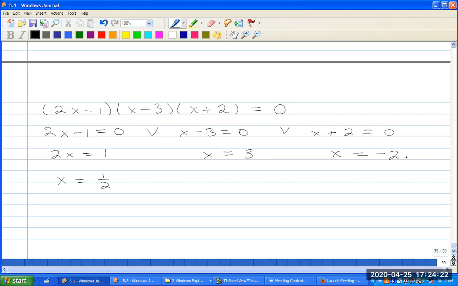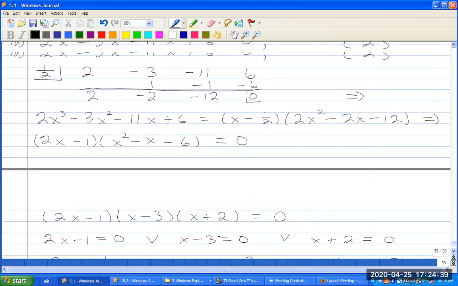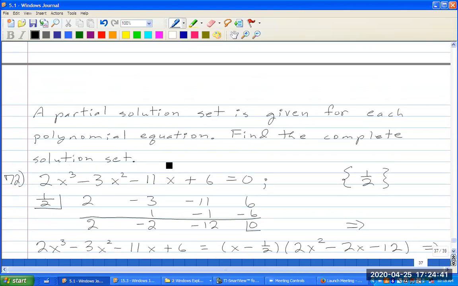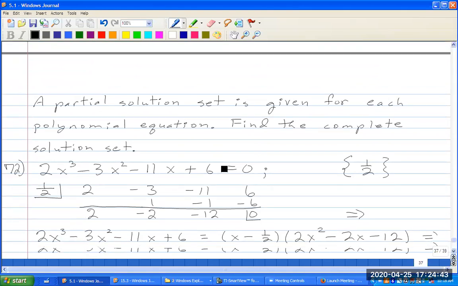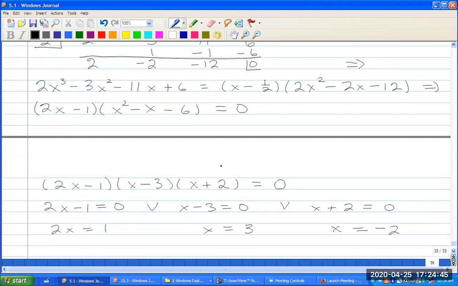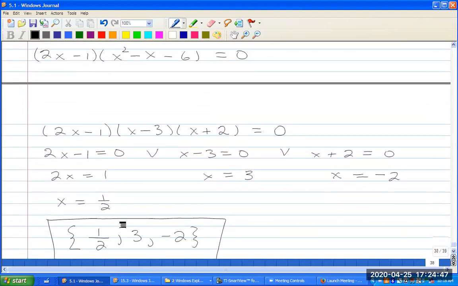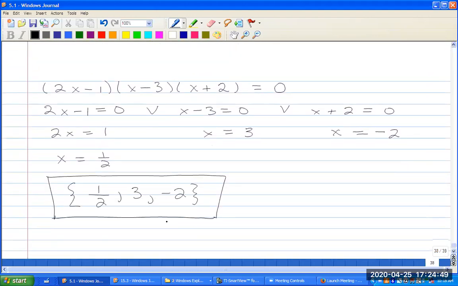So therefore, the roots of this polynomial are 1/2, 3, -2. And so I have found all, in this case, notice that this is a cubic equation, and I have found all 3 roots to this cubic equation.